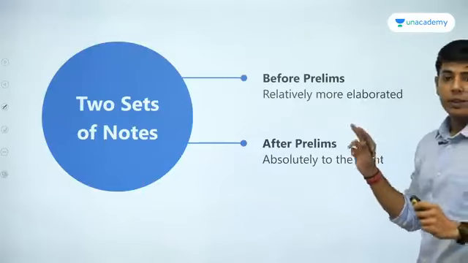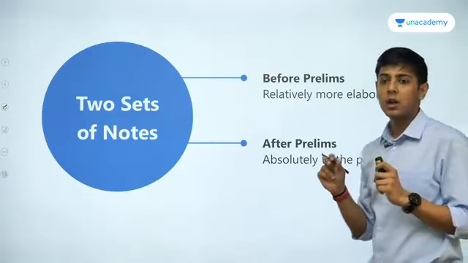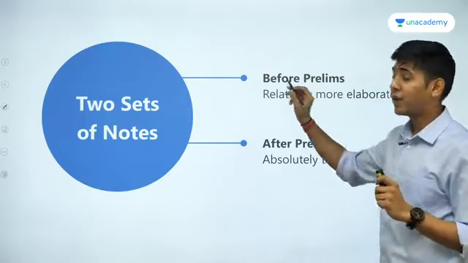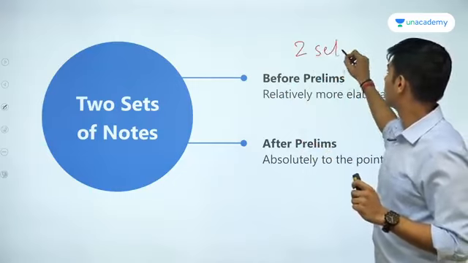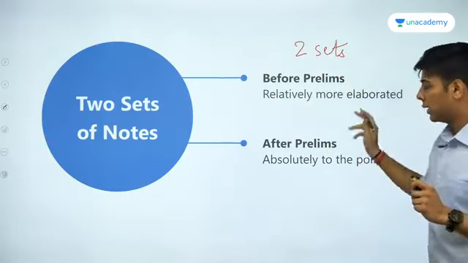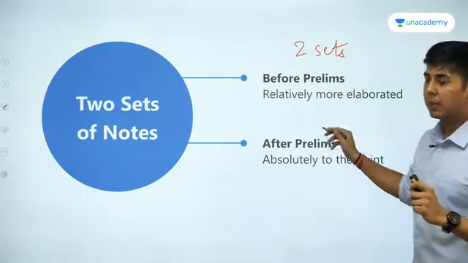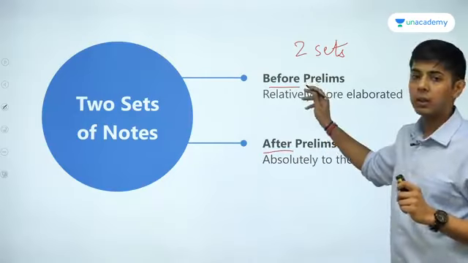Now, this is where each and every detail of my note making strategy starts. First of all, I made two sets of notes. Two sets of notes. One before prelims, the other one after prelims. Please remember, I am not using the word for prelims, I am using the word before prelims.